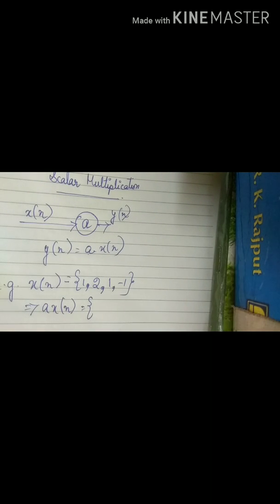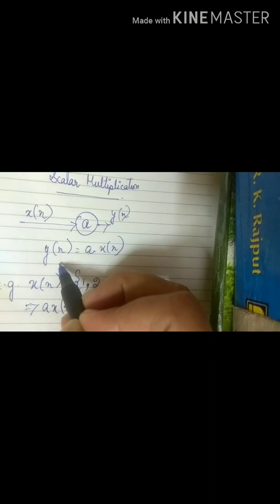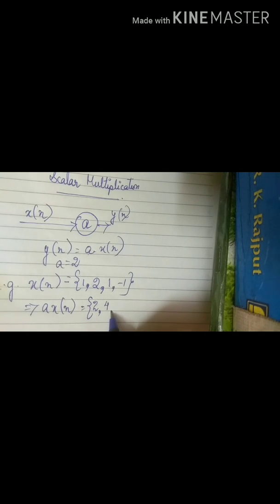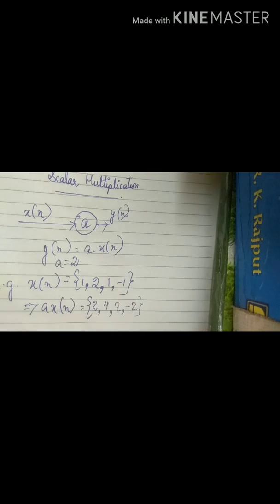So the value of a has to be set. Let us say a is equal to 2. Then this will be 2 into 1 is 2, 2 2s are 4, 2 into 1 is 2, 2 into -1 is -2. Okay. Next operation that we move about is known as the signal multiplier.